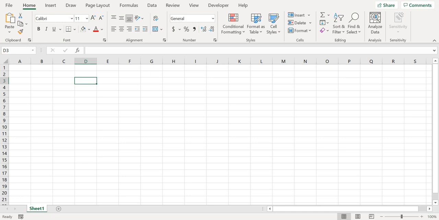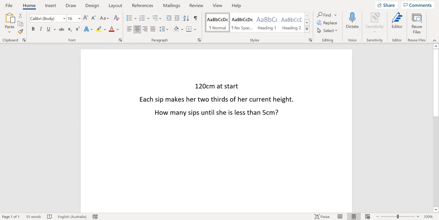Every time she takes a sip of the potion she becomes 2/3 of her height, and it said what her starting height was. So to summarize that question, 120 centimeters at the start, that's her normal height. Each sip of this potion makes her 2/3 of her current height. Obviously very important information. And the question was, how many sips until she is less than 5 centimeters tall?